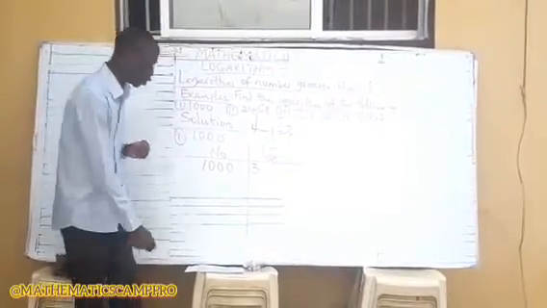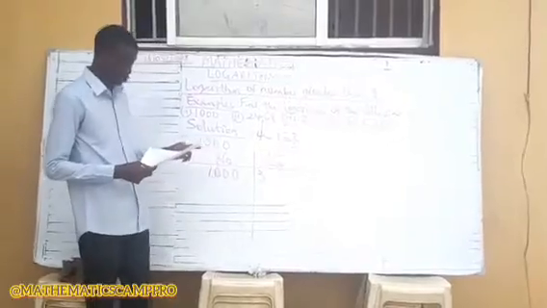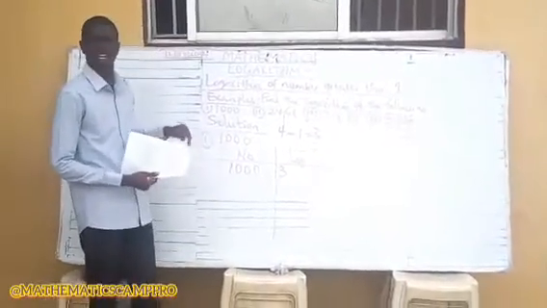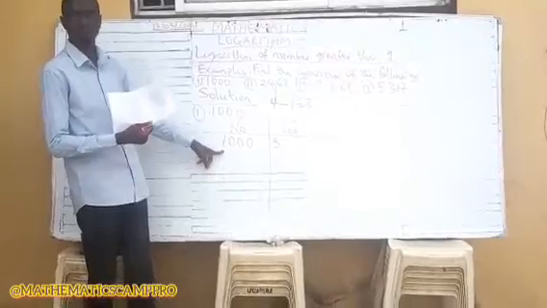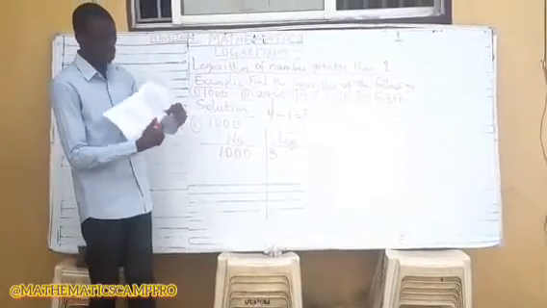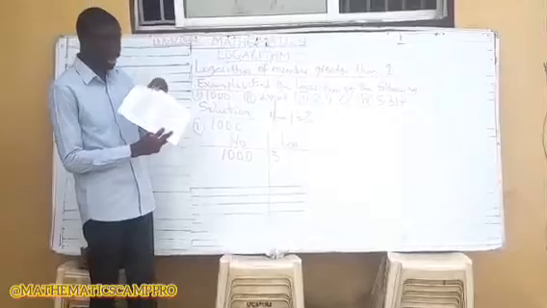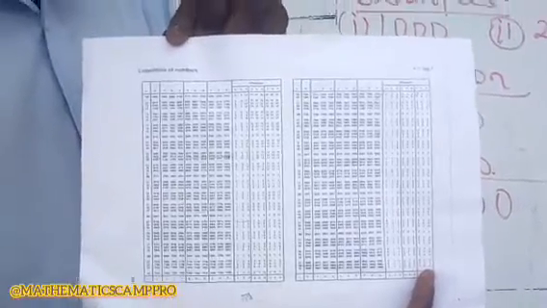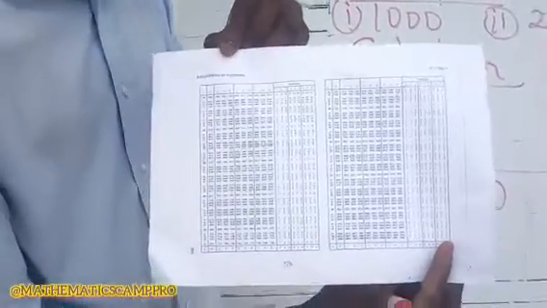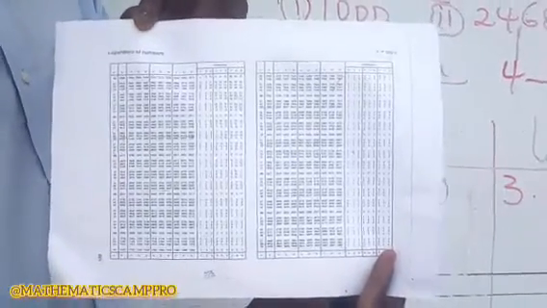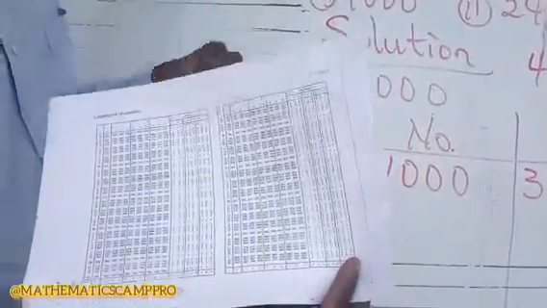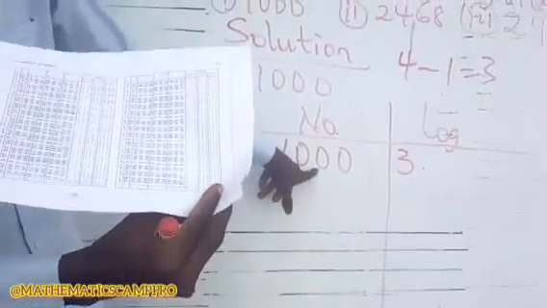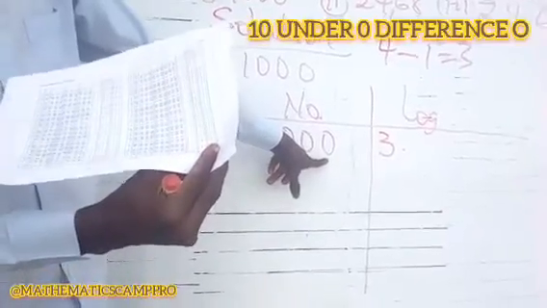I know you have your 4-figure table beside you. For you to get your mantissa from your 4-figure table, there is a column tagged logarithms of numbers.